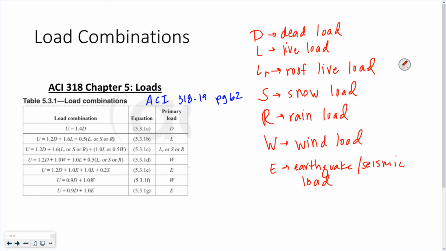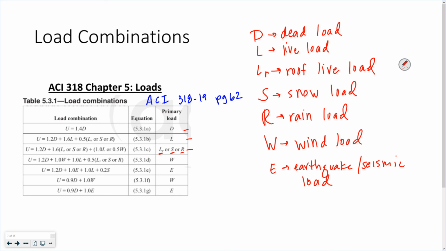So what's interesting, if you look at this table, right, that first combination is focusing solely on dead load, obviously. The second one is incorporating our live load. The third one, that's probably something that you're going to use to design your roof, because the controlling thing in there is a roof load, a snow load, or a rain load, which are all only things that happen on a roof. If it's snowing inside your building, then you got some other problems.